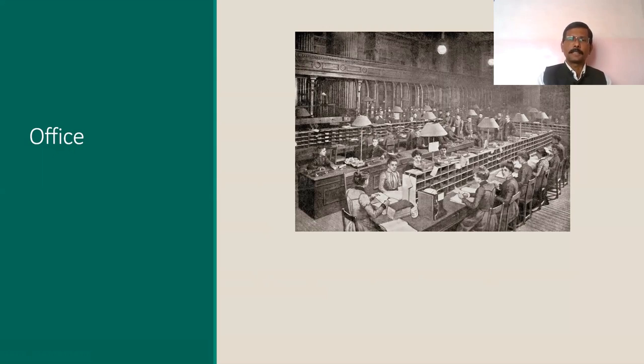You know that sending messages was quite a risky job then. You might have studied in your school lessons about communication systems, postal systems in India as well as throughout the world. So, this is a standard British post office setup where people are communicating with each other.